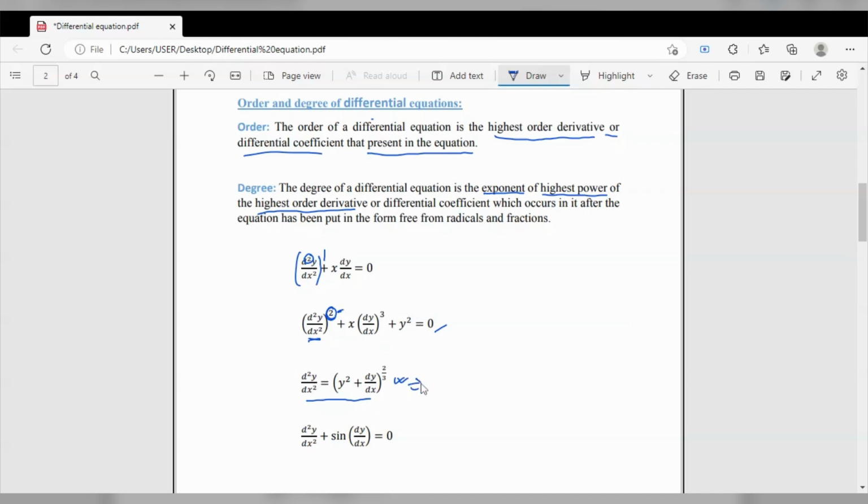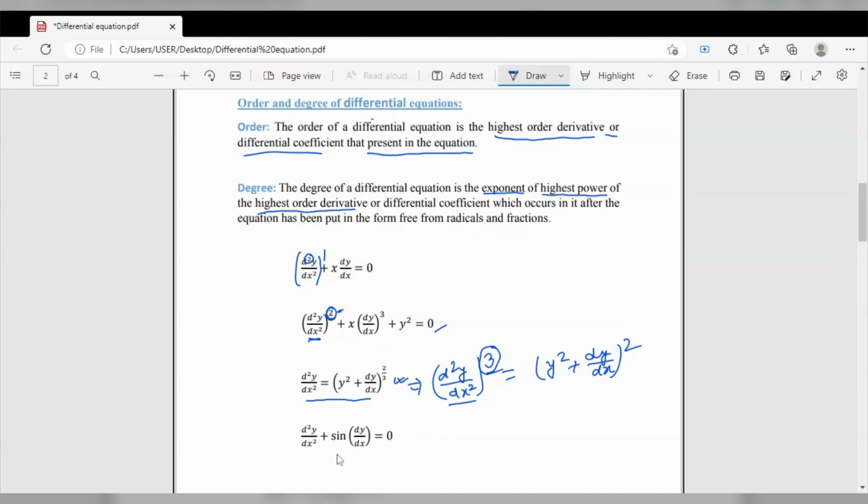If we rationalize it, we can write (d2y by dx square) whole cube equal to (y square plus dy by dx) whole square. Now, the highest order derivative is d2y by dx square, so the order is 2 and its power is 3, so the degree of the differential equation is 3.